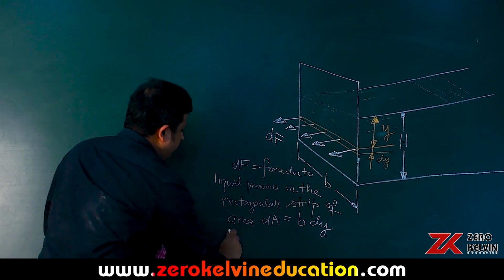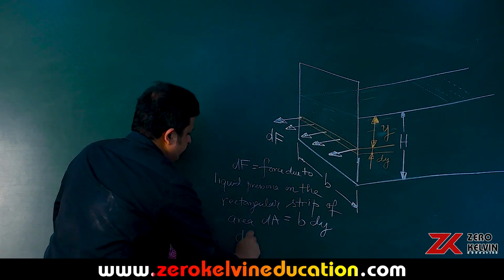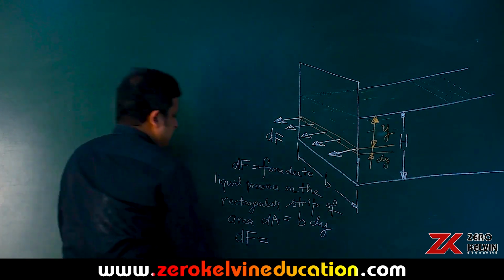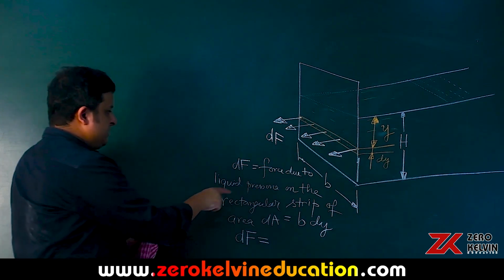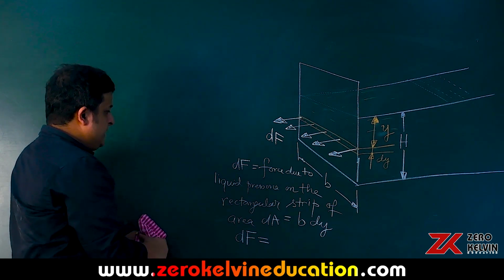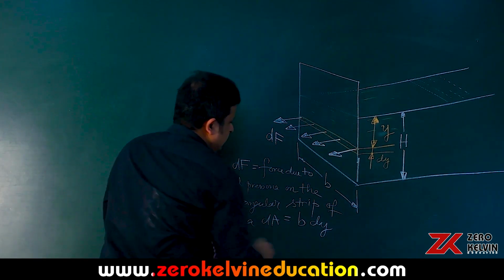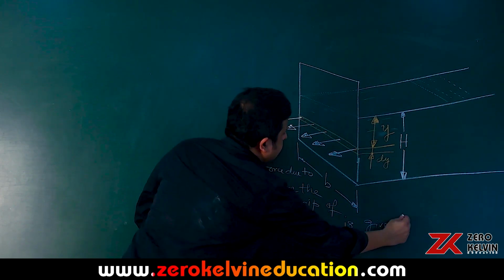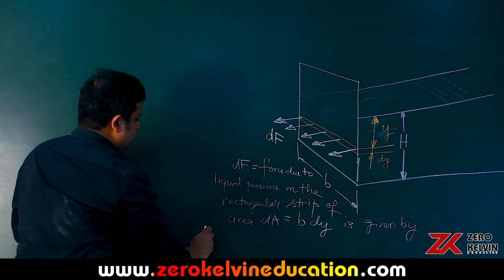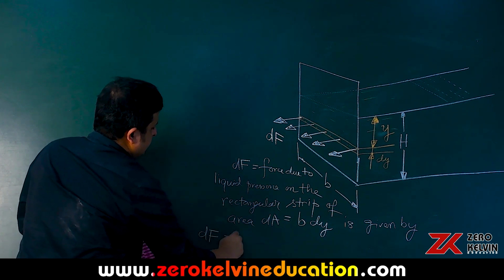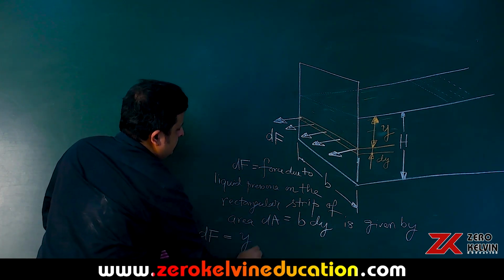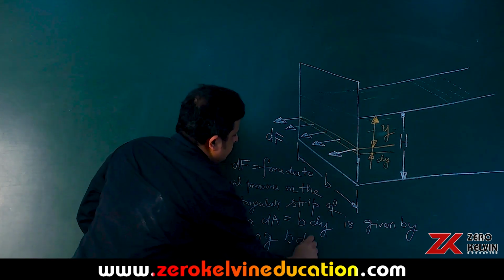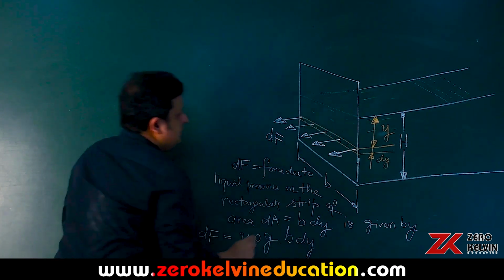In the next step, the force due to liquid pressure on the area dA is given by dF equal to pressure Y rho g times B dy.